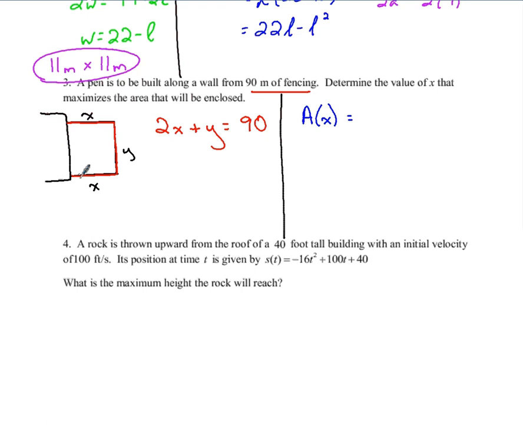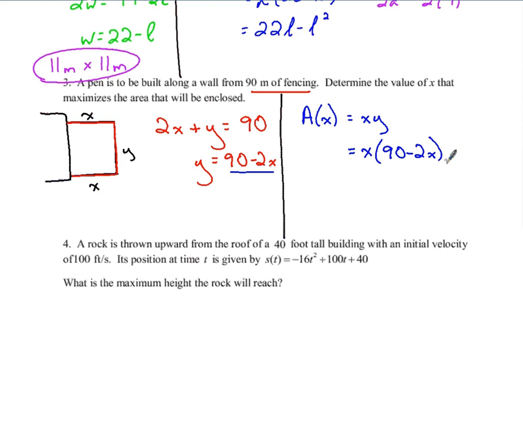No, it's still going to be the base times the height or the length times the width. So it's still going to be x times y. So if I would like everything in terms of x, go back to my equation I've set up, solve for y. y would be 90 minus 2x. Take that 90 minus 2x, insert for y over here. A of x is going to be x times 90 minus 2x.